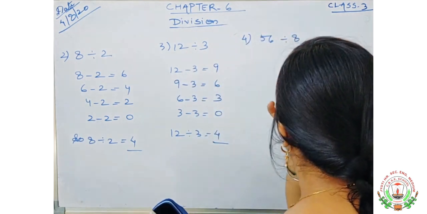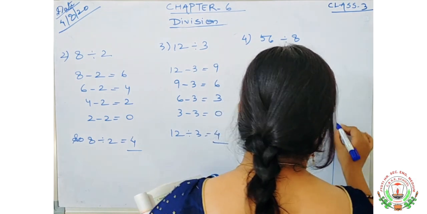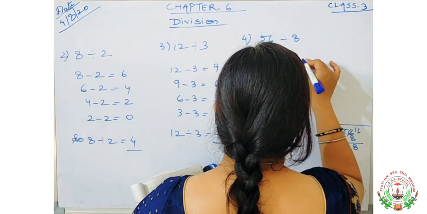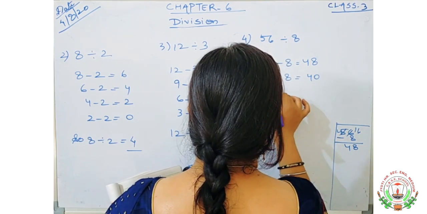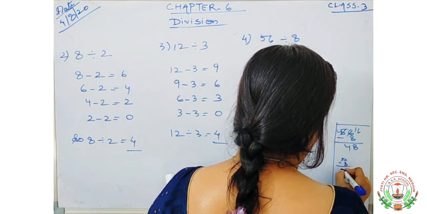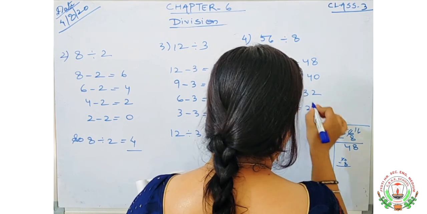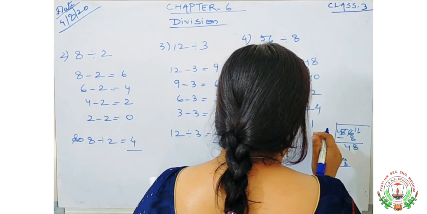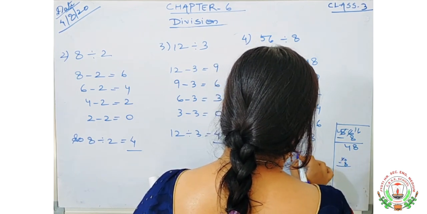56 divided by 8. 56 minus 8 is equal to, we will do it in rough here, 48. 48 minus 8 is equal to 40. 40 minus 8 will be 32. 32 minus 8 is equal to 24. 24 minus 8 is equal to 16. 16 minus 8 is equal to 8. 8 minus 8 is equal to 0.